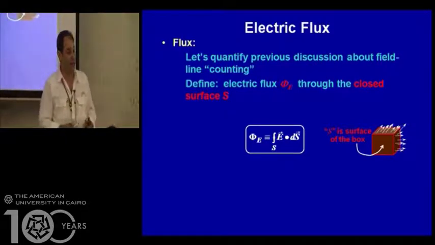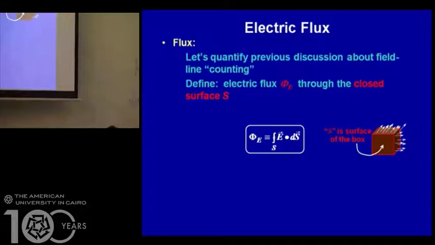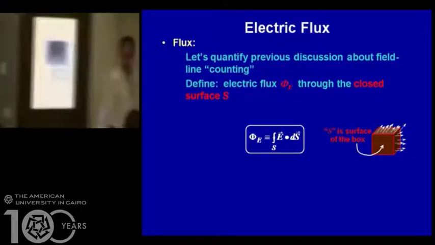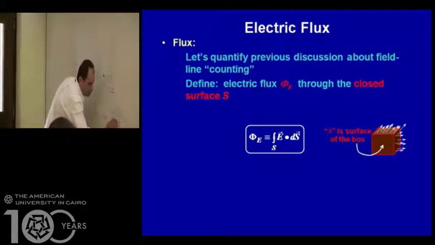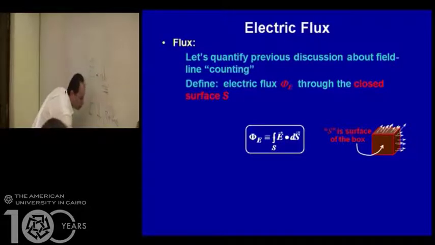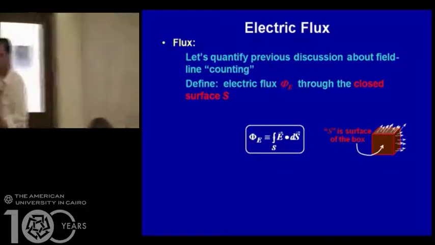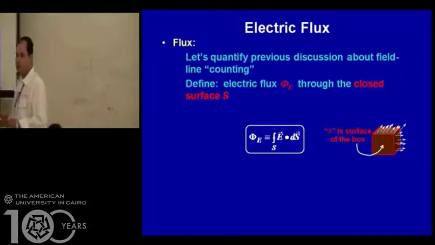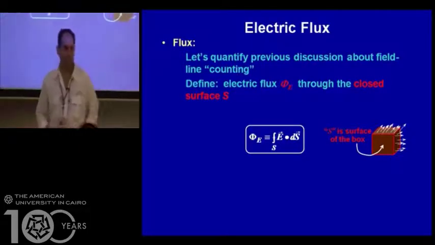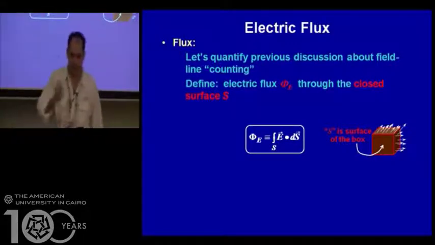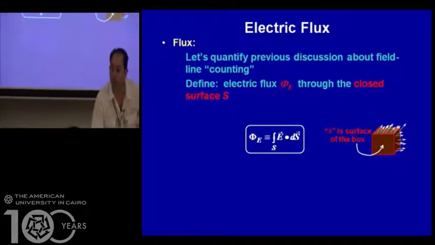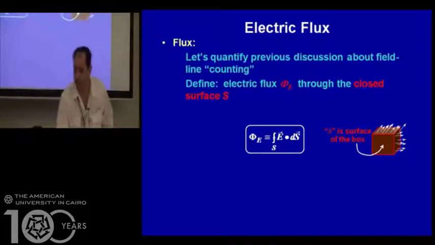That means that if the electric field is perpendicular to the surface, phi is equal to 0. Good. When the electric field is perpendicular to the surface, the electric flux is equal to 0.